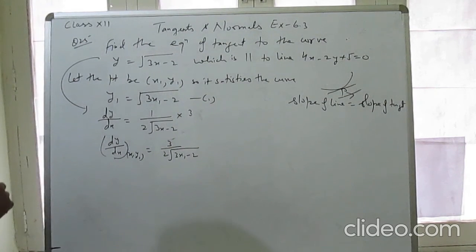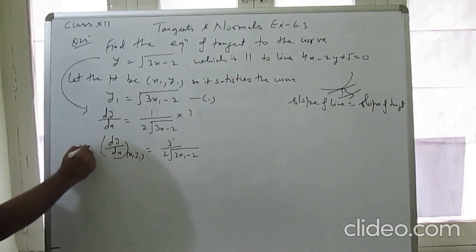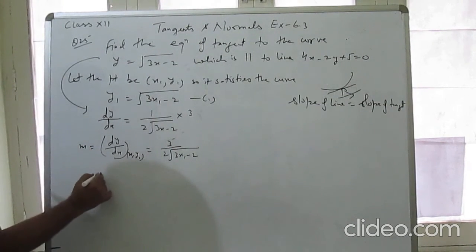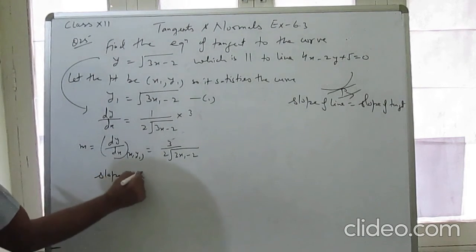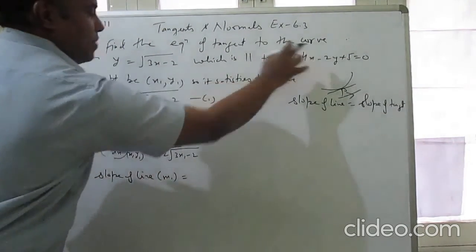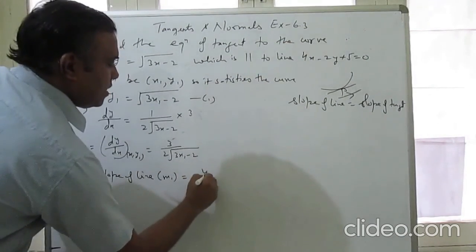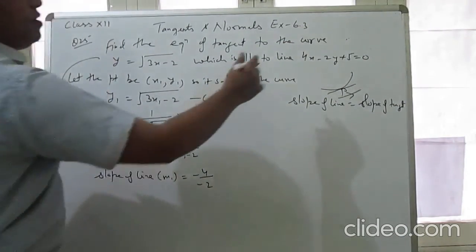Now we know what the slope of the line is; this you will give the name m1. Slope of line is minus coefficient of x upon coefficient of y.